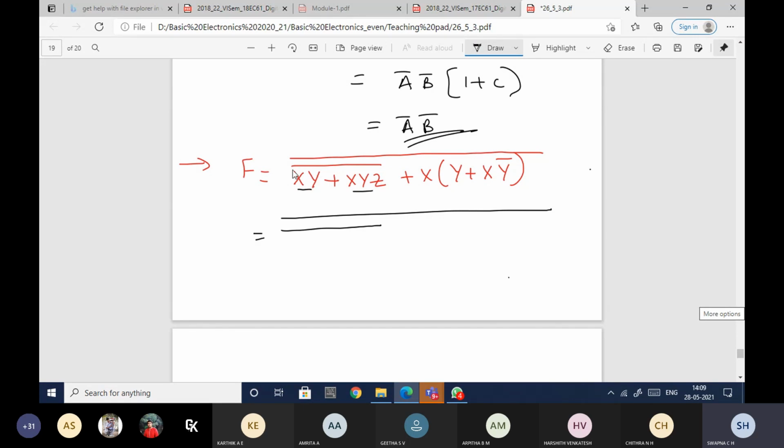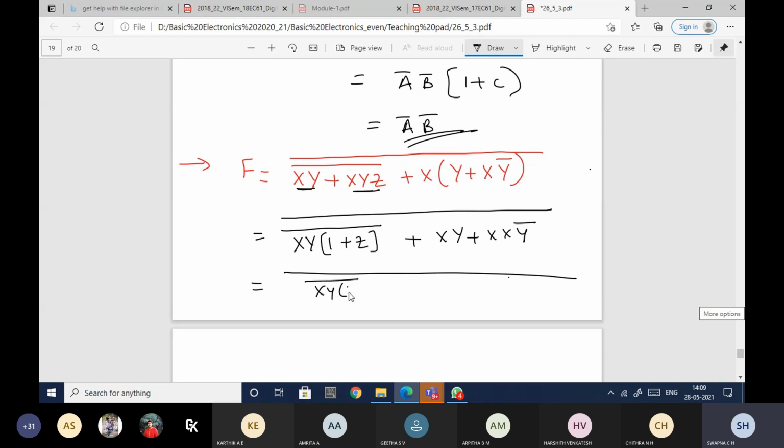Since it is for whole bar, from this term and this term I can take xy common. If I take xy common, I'll be left out with 1 plus z, plus this x, I'll take it inside. So it will become xy plus xy bar. This will be equal to whole complement, it will be just xy bar into 1 plus here it will be xy plus xy bar.